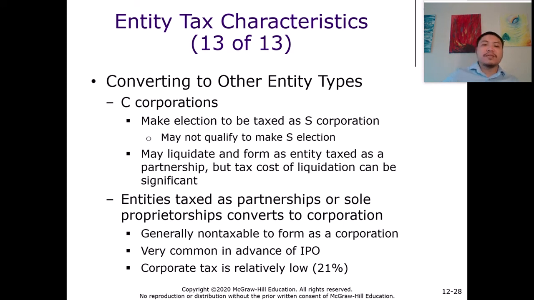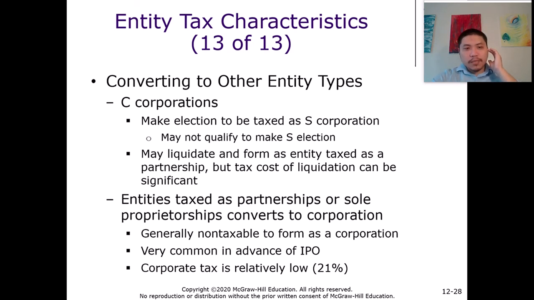It involves a lot of paperwork, and it involves a lot of effort to calculate the tax cost of the liquidation of the C corporation. So usually converting from a C corporation to a flow-through entity is much more challenging.